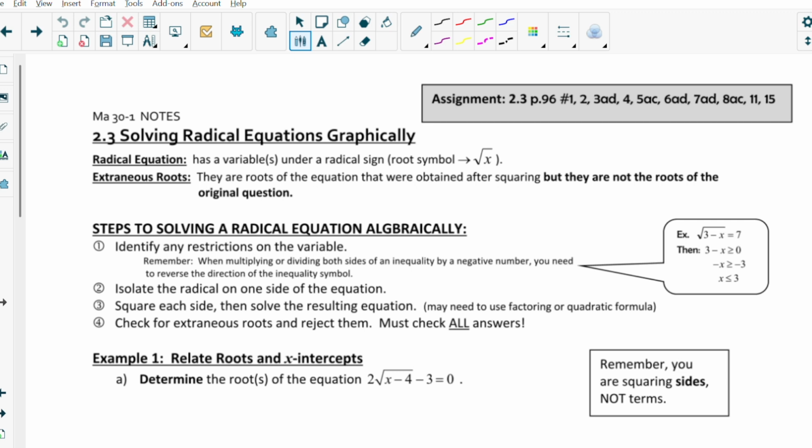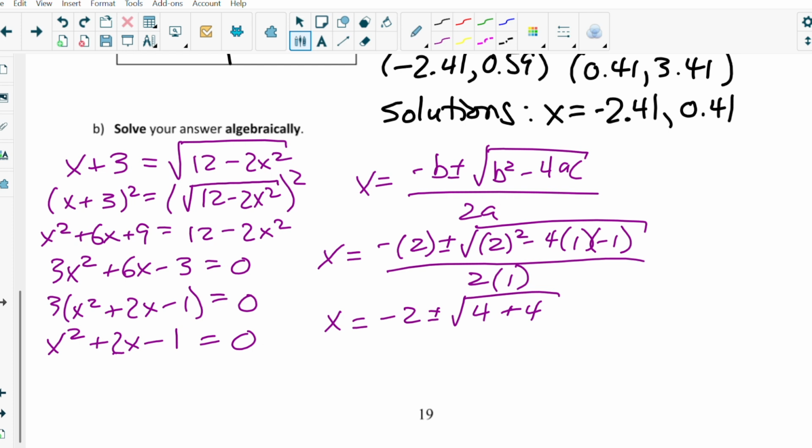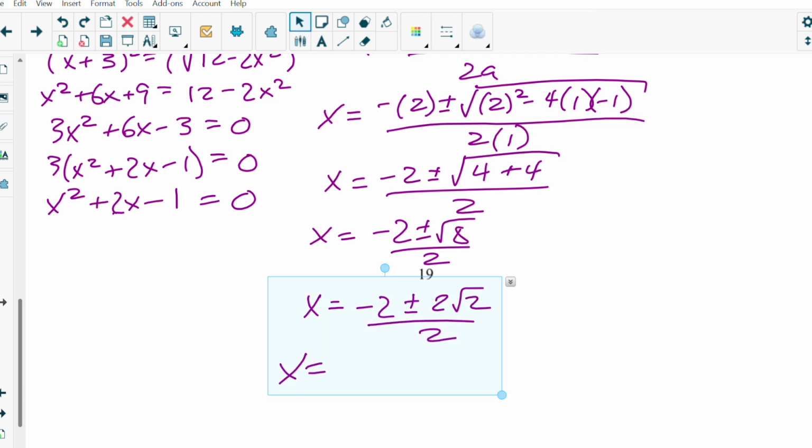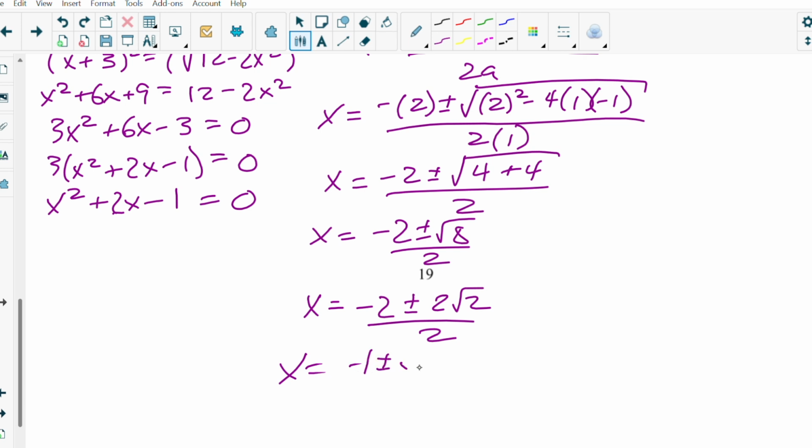That's negative 2 plus or minus the square root of 4 plus 4, divided by 2. That's x equals negative 2 plus or minus square root of 8 over 2. X equals negative 2 plus or minus 2 square root of 2 over 2. That's x equals negative 1 plus or minus square root of 2.